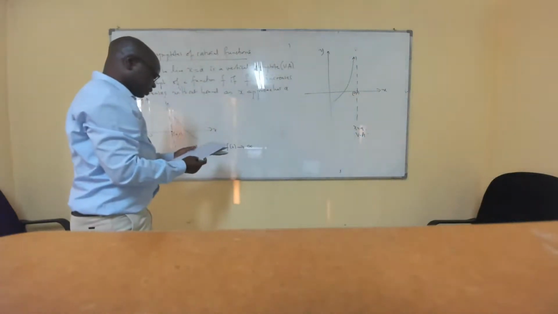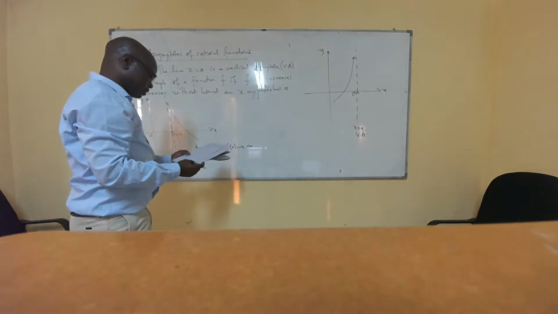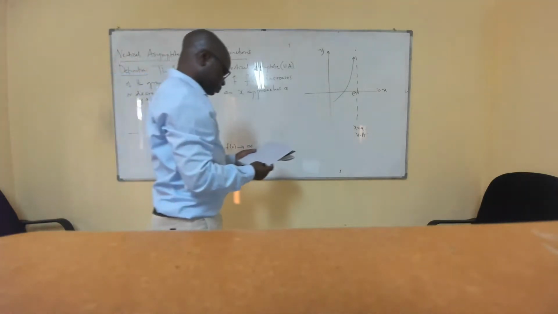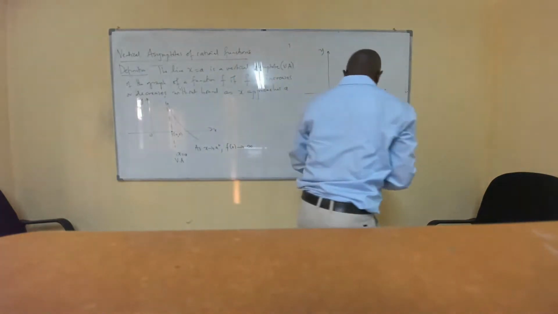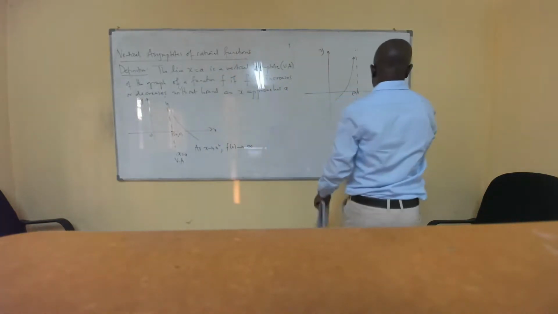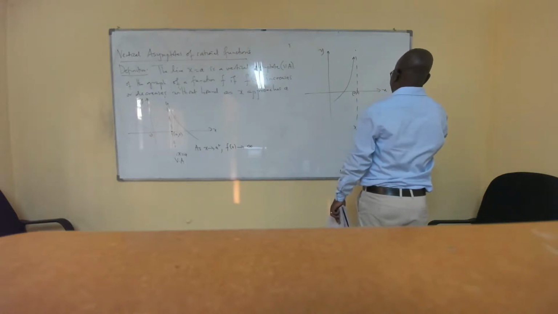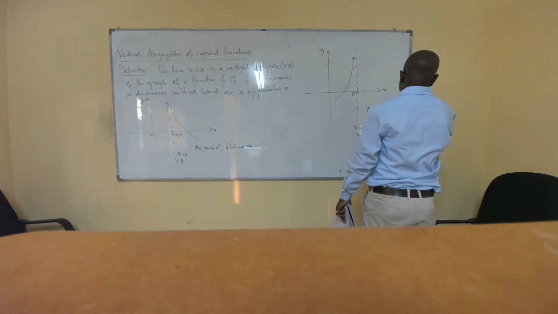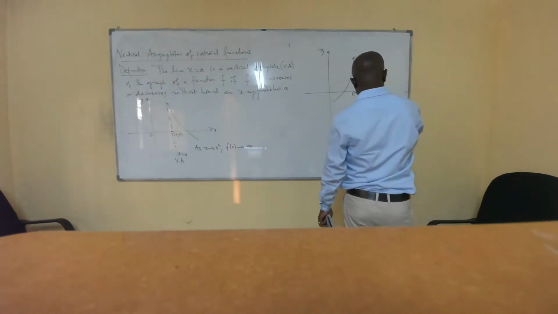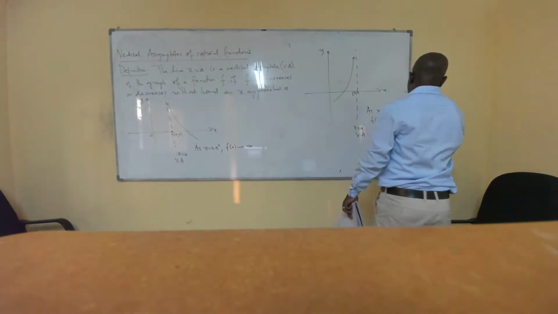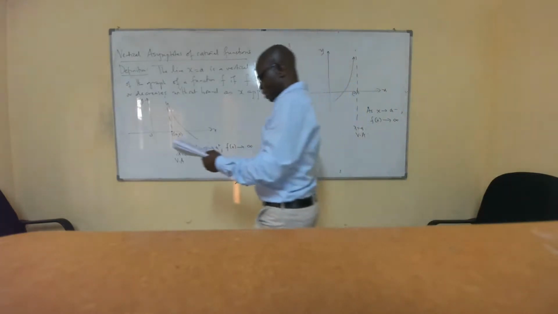We approach that vertical line asymptotically, we will not touch it. So as a is approached from the left, the values are increasing without bound.